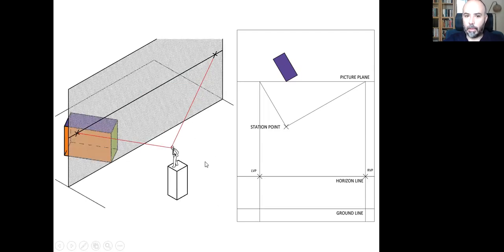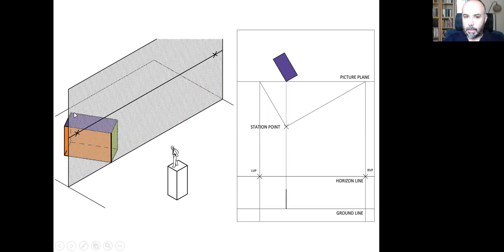Let's look at the system a little bit closer. So let's say that this man can see between these two points, and these are the lines that we combine with the eyes of the man to the picture plane. So by transferring them to the lower part of the drawing, we are in fact determining the left and the right vanishing points.